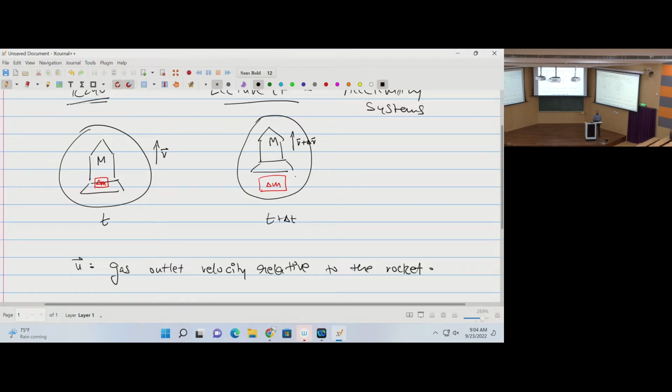So the delta m mass, that's the gases, at time t plus delta t have a velocity of u plus v plus delta v. We are considering all this from a Newtonian frame, outside the rocket, because if you sit on the rocket, the rocket is accelerating and Newton's laws will not be applicable. So we are analyzing this from the ground frame or from a fixed frame in space.